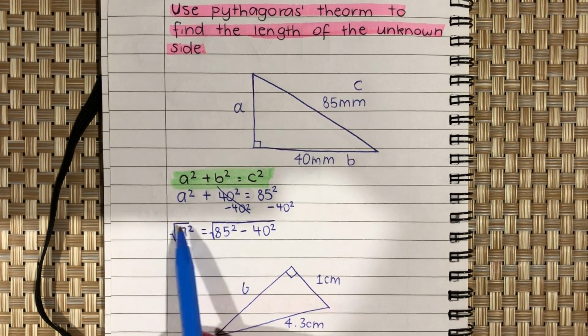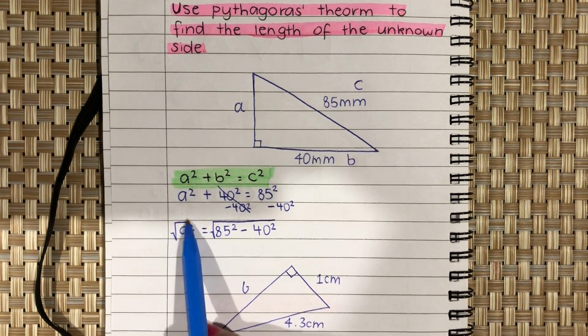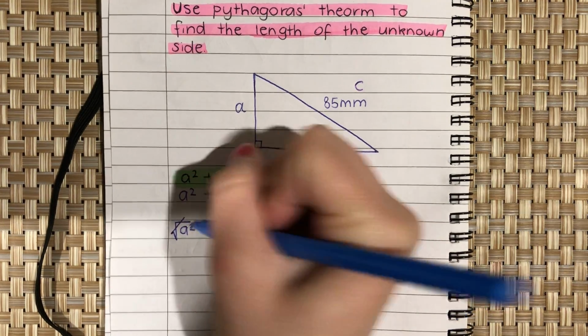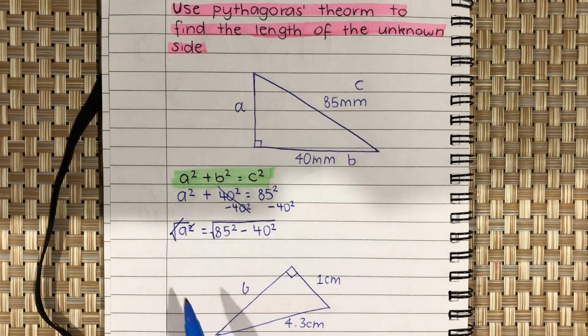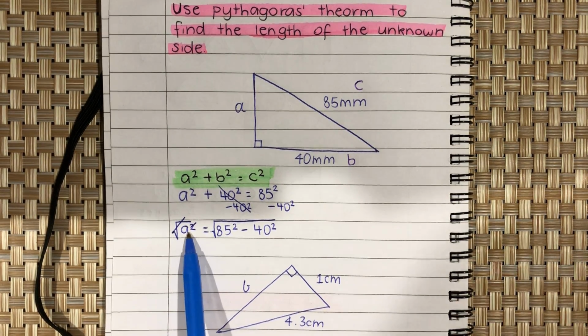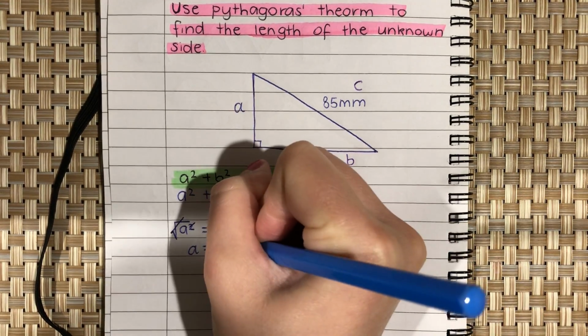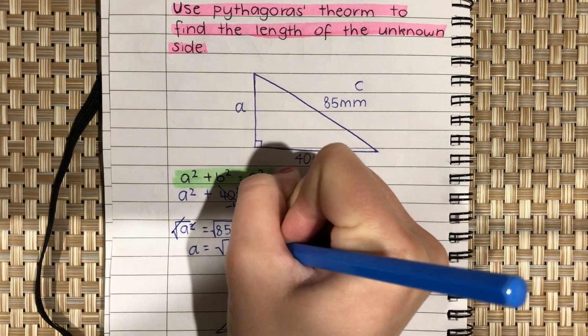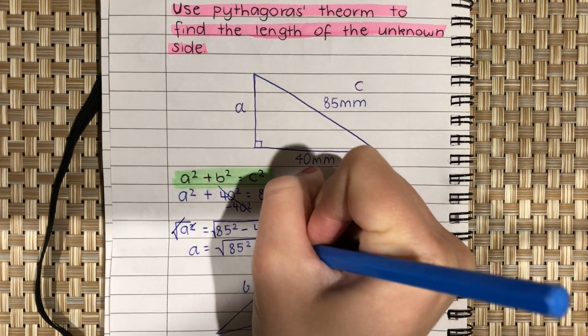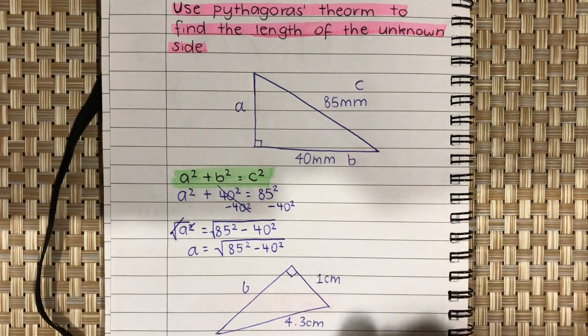And then a square root and a squared cancel each other out, so I can cross that out, and I'm left with A by itself. So A equals the square root of 85 squared minus 40 squared.